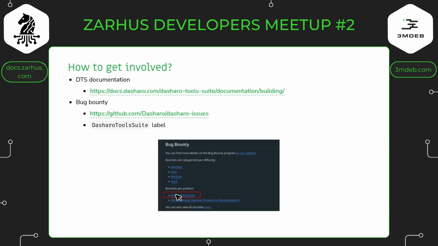And finally, how to get involved. We have documentation on docs.dasharo.com. You can get started here in terms of how to build, how to contribute. But another way I would like to promote here and propose is the bug bounty program we have started not that long ago.